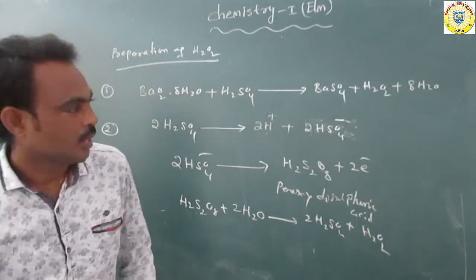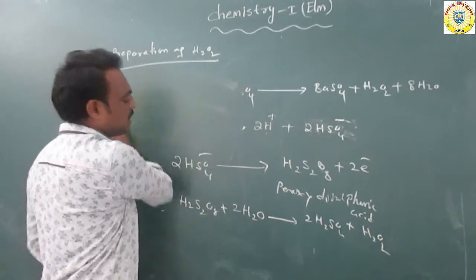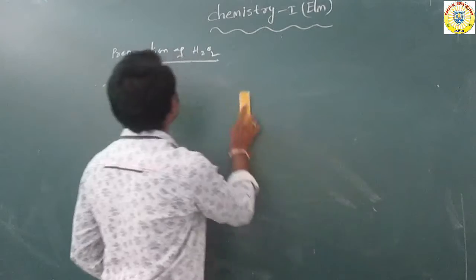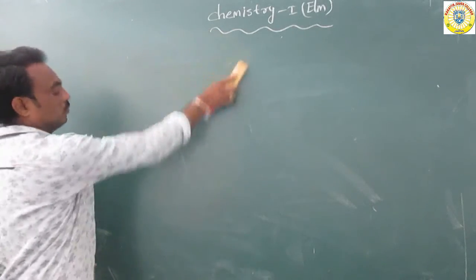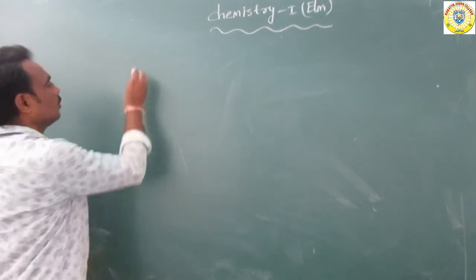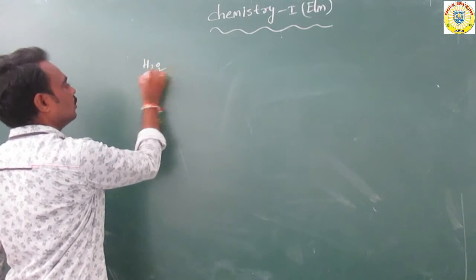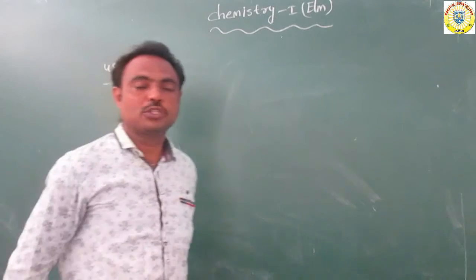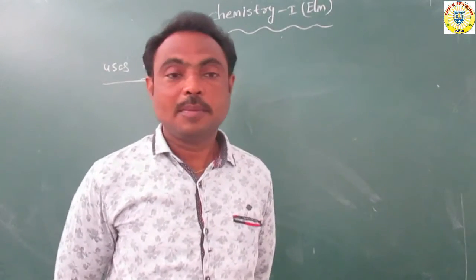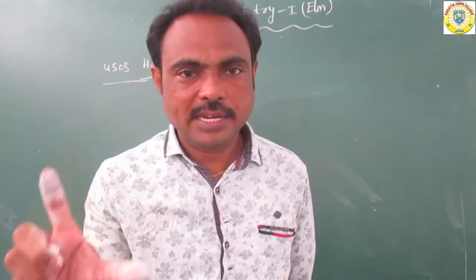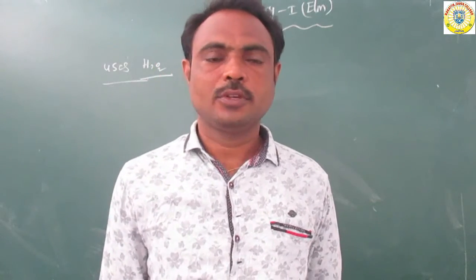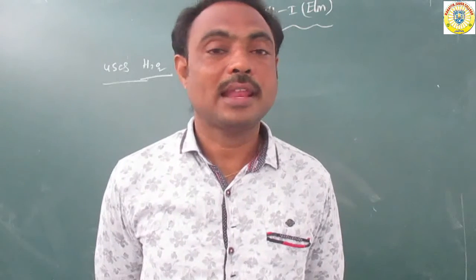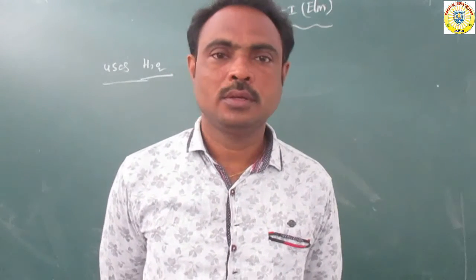Now, what is the use of hydrogen peroxide? Commonly, hydrogen peroxide is a liquid and a colorless compound.